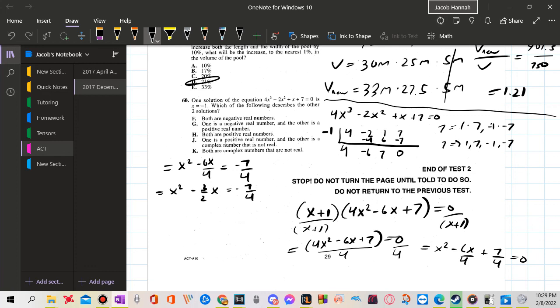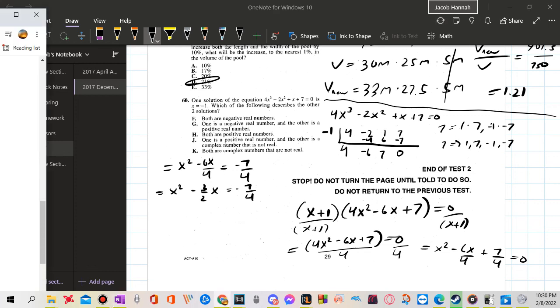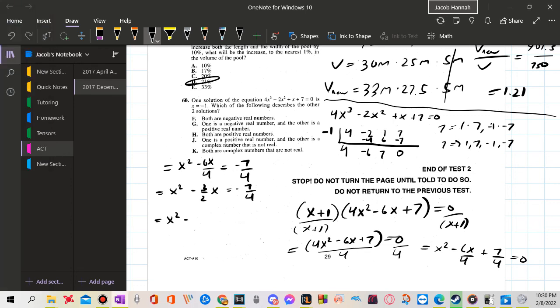Alright, let's complete the square. So when you complete the square, you take 3/2, and you multiply it by 1/2, and then you square it. Alright?